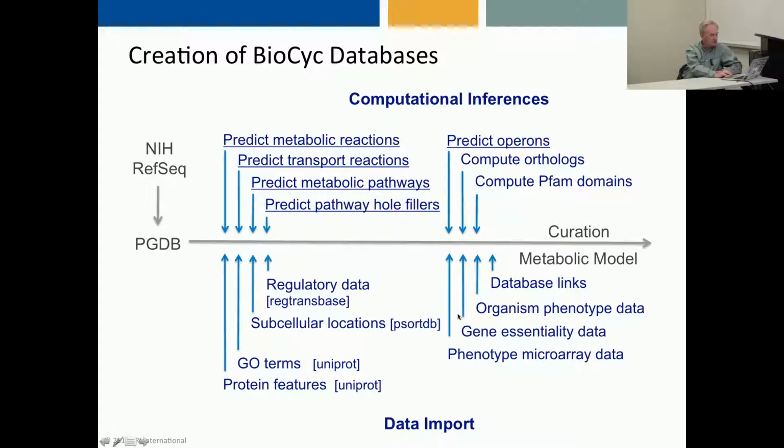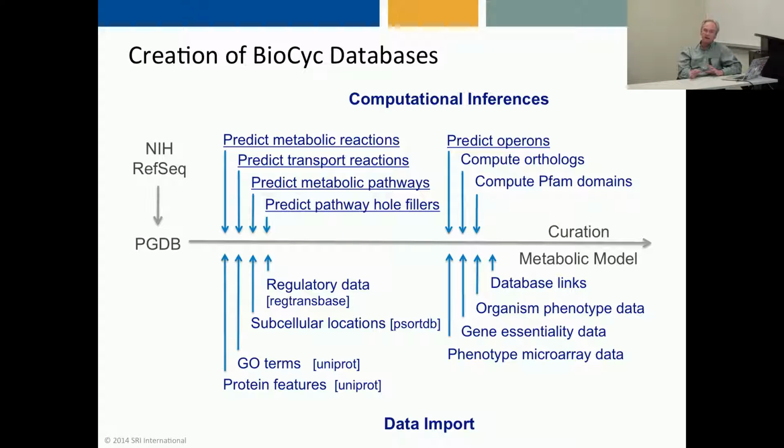And then in terms of importing data, we're importing data from various other databases where other groups collect information that's basically complementary to the information that our curators collect. This includes regulatory data, genetic regulatory information, the subcellular locations of different proteins, and features on different proteins, like their active sites or metal ion binding sites.